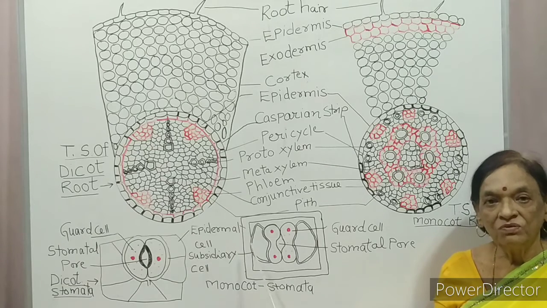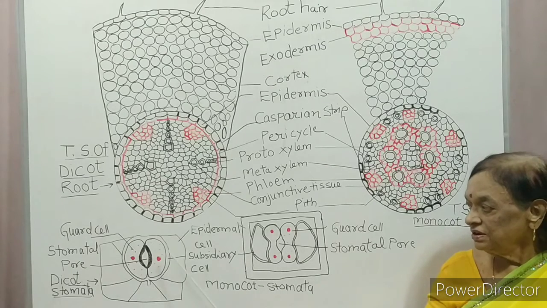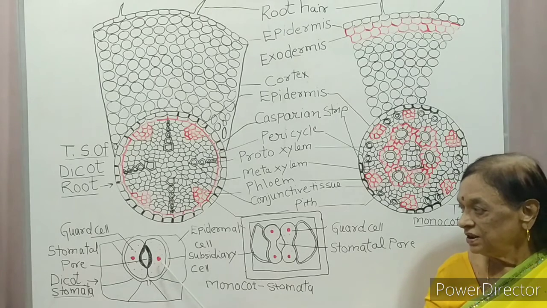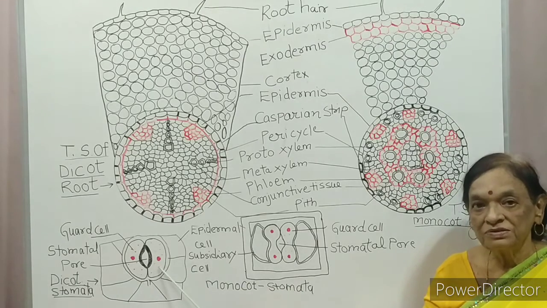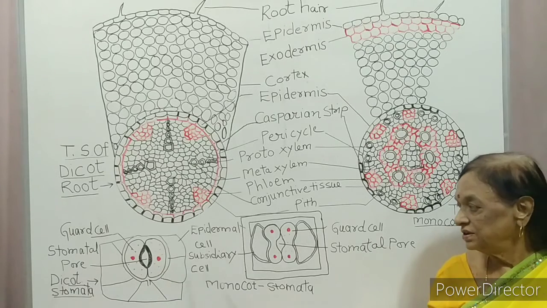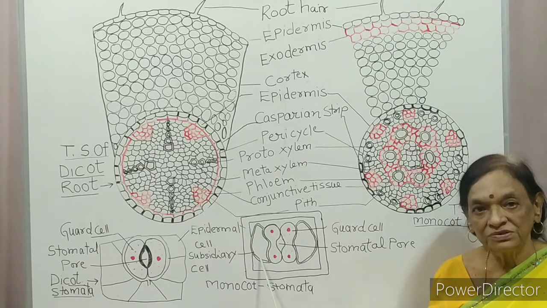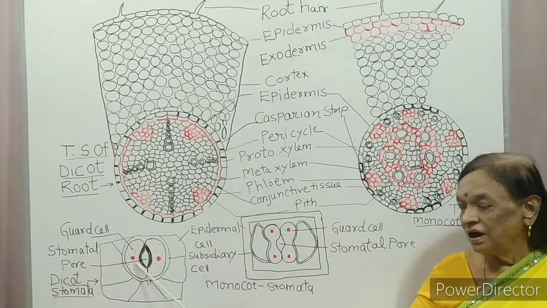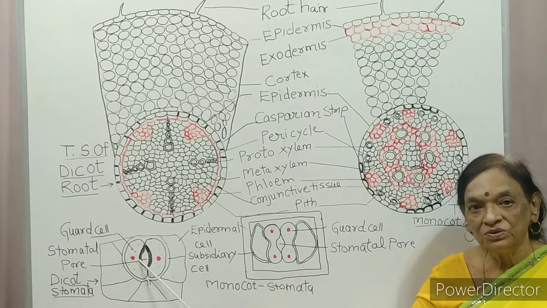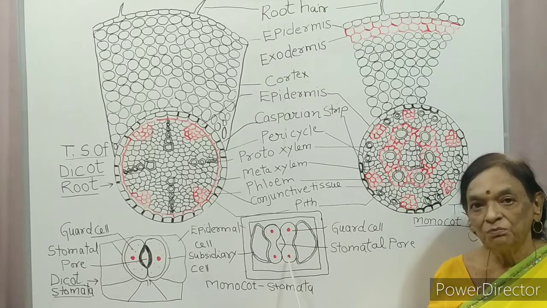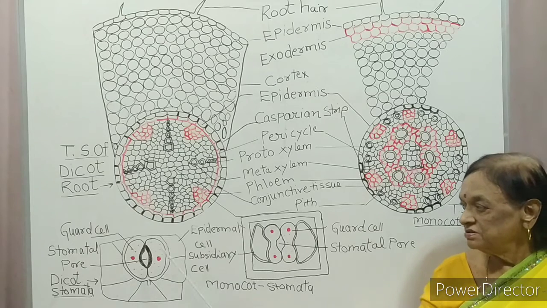So, what is the difference in stomata of dicot and monocot? In dicot, stomata are surrounded by bean-shaped guard cells. Here, guard cells are dumbbell-shaped. Guard cell in dicot is uninucleate. In monocot, it is binucleate.